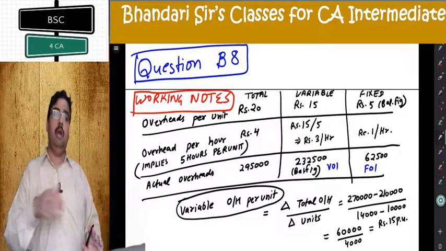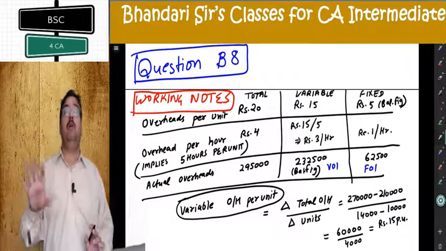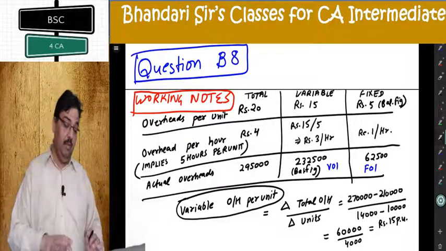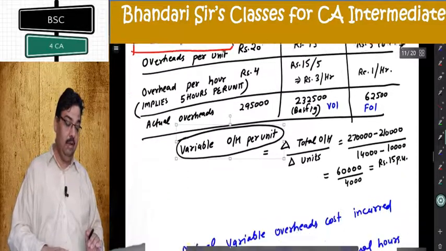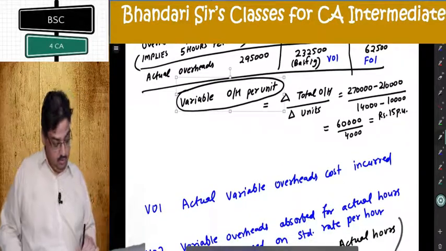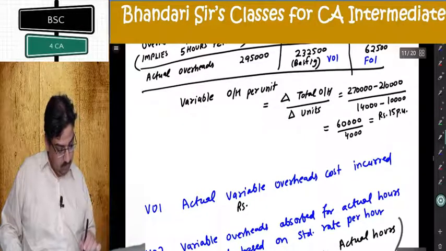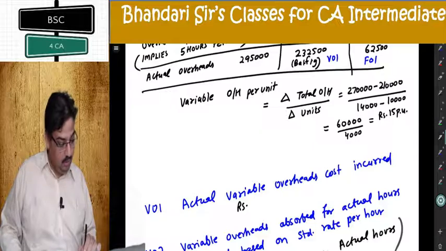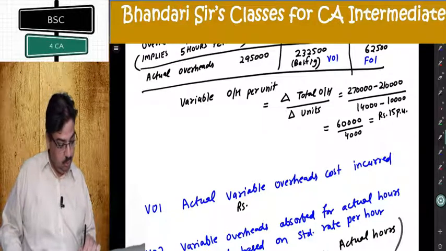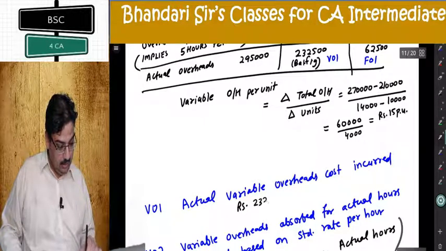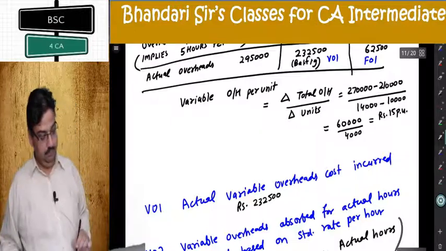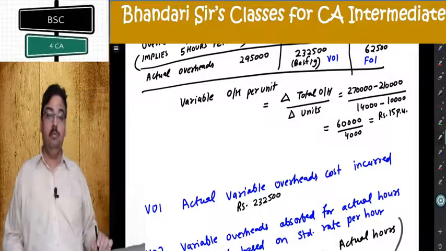Only budgeted fixed overhead I need to compute. I'll compute it in the relevant step, FO2. Looking at variable overhead, again the table is with me. Actual variable overhead cost incurred is rupees 2,32,500. I computed already VO1.